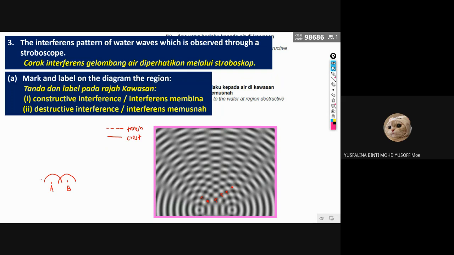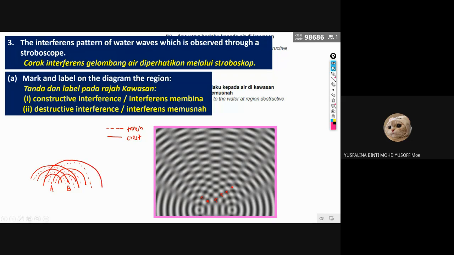So I will just draw, this is, let's say, the trough, and this one again is a crest, and this one also is a crest, and this one is a trough, and again a crest, this one is a trough, and this one is a crest.